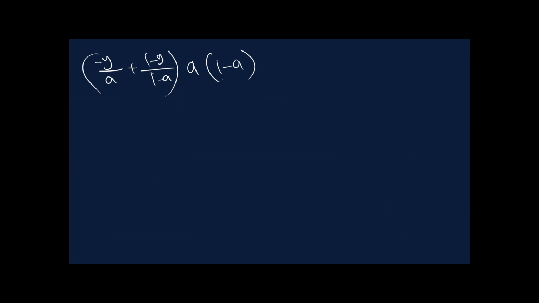Okay, let's do this multiplication. So basically, when we take this multiplied by this part, a will remove a. So we would have minus y multiplied by 1 minus a. And when we multiply this by this part, 1 minus a will remove this 1 minus a. Then we would have a multiplied by this, so it will be a minus ay.